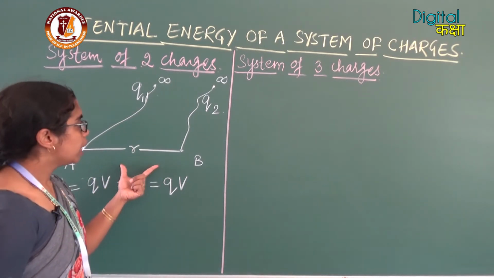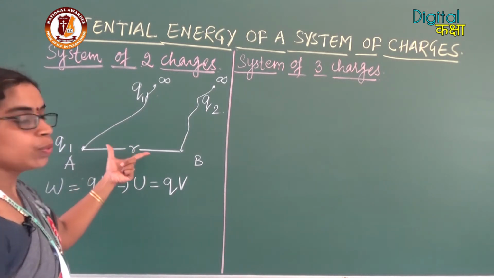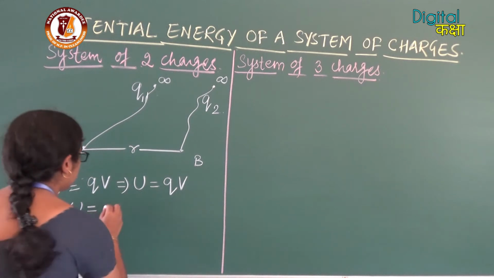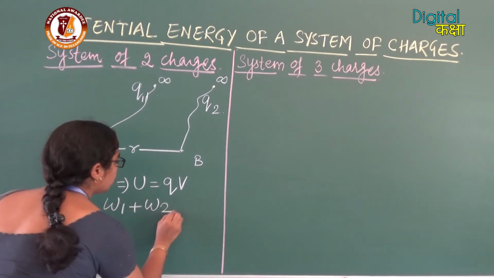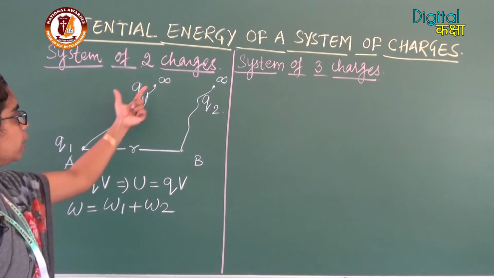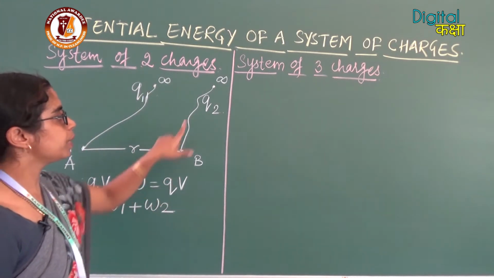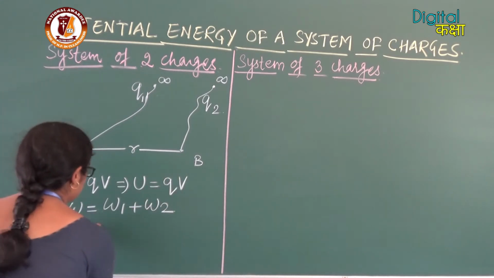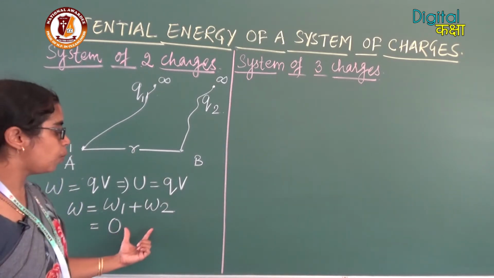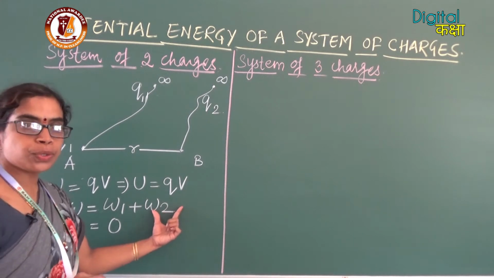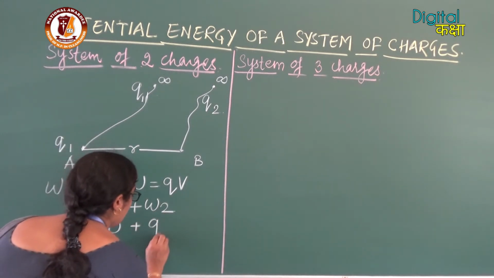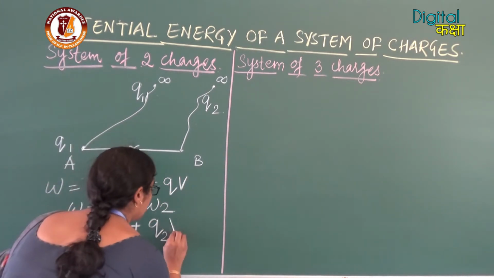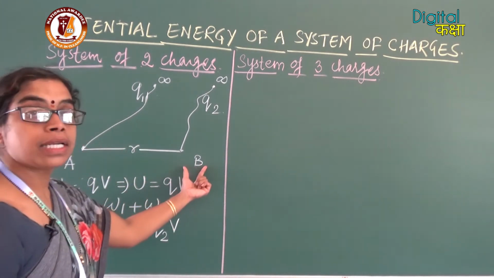So in the complete system of the two charges, the work done is W1 plus W2, where W1 represents the work done to bring the charge Q1, and W2 represents the work done to bring the charge Q2. In this case, W1 is coming out to be 0, and the formula for W2 can be given as the charge which is to be brought, that is Q2, multiplied by the potential at B.